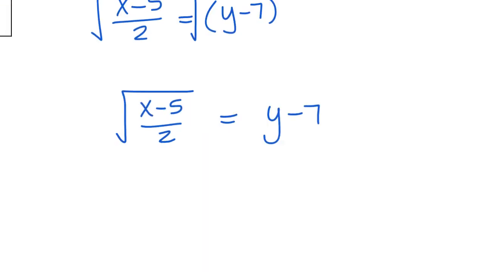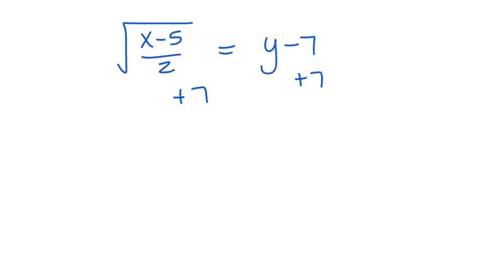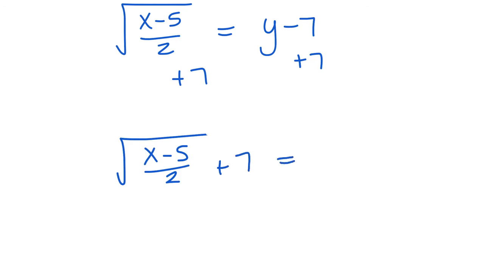So last step is to add 7 to both sides. But that 7 is not going to be inside the square root. So I have square root of x minus 5 over 2. I made that radical a little bit long, so I'm going to erase a piece of it. Then plus 7 on the outside equals y.